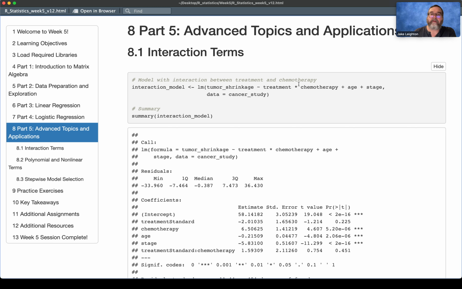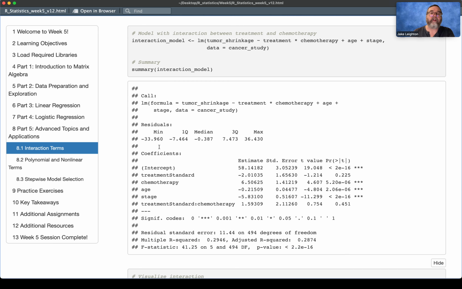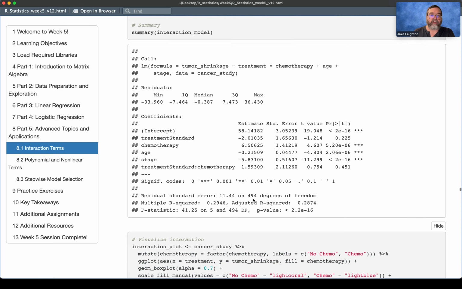So you see here, instead of a plus, we have a times. Whenever you have a times between two predictor variables, then you're looking at the interaction of these. If we do a simple linear model and look at the actual result, we see that we have this interaction term, treatment chemotherapy, with its own estimate. Here we see it's non-significant.